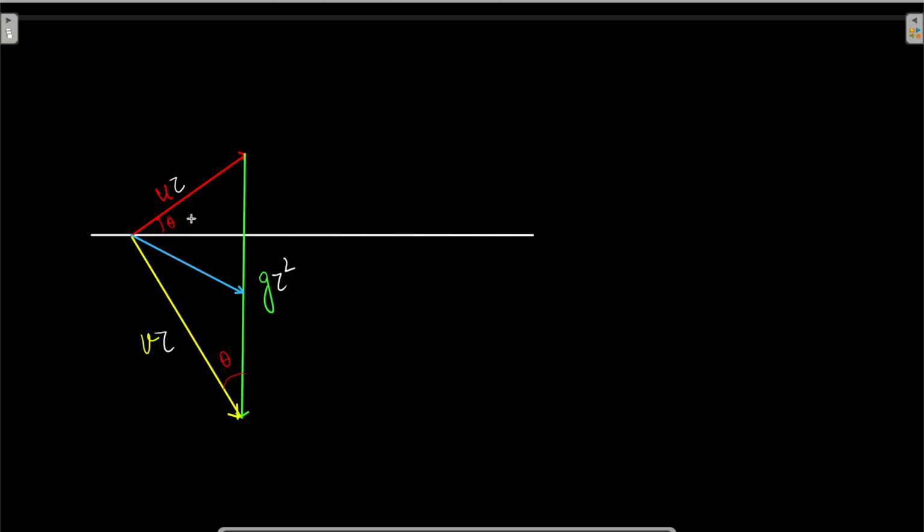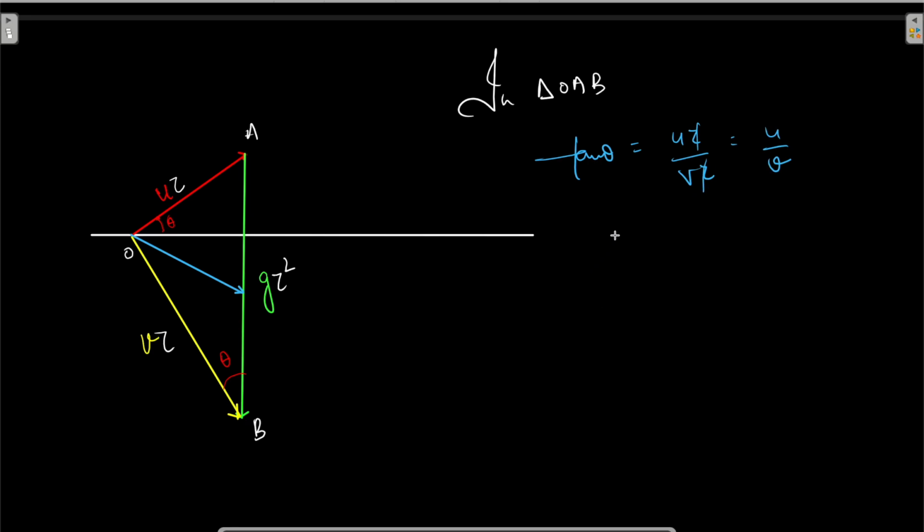Now again in triangle OAB, tan theta should be u tau by v tau. Again tau gets cancelled, u by v, same answer. So again we'll use energy conservation, or the work energy theorem.